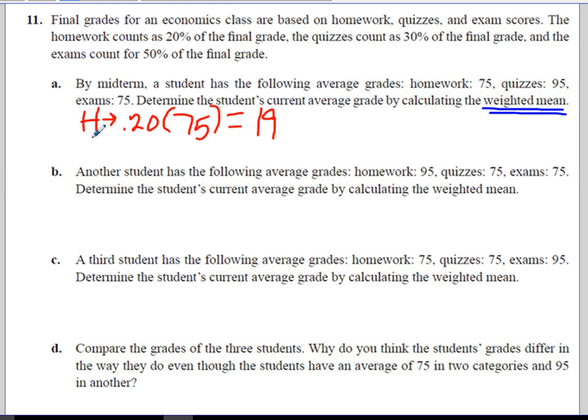Then we have quizzes, which are 30% of the grade. So we're going to do 0.30. And the quizzes were so far 95. And so we multiply that. We get 22.5.